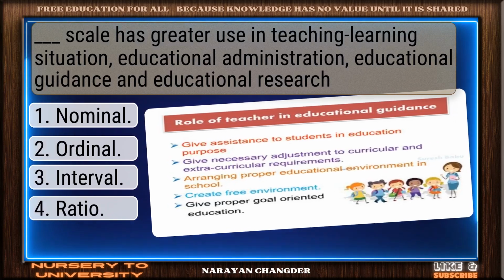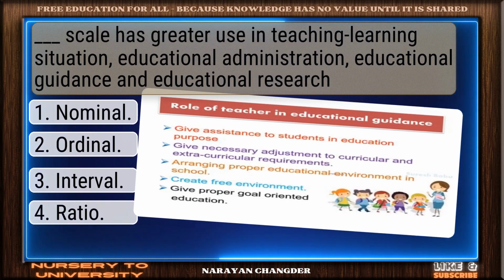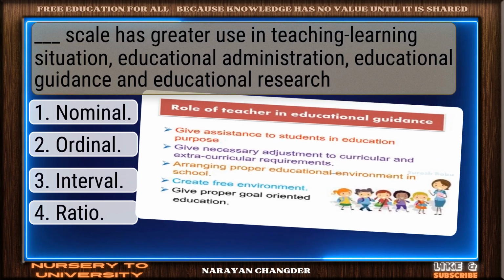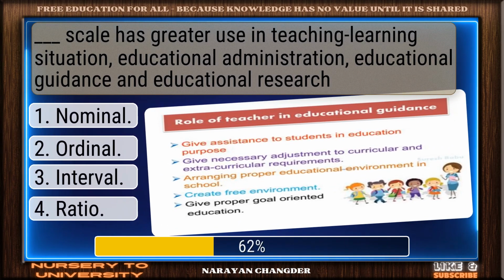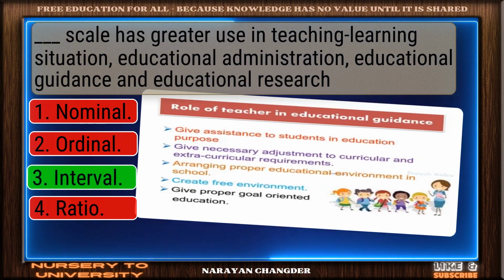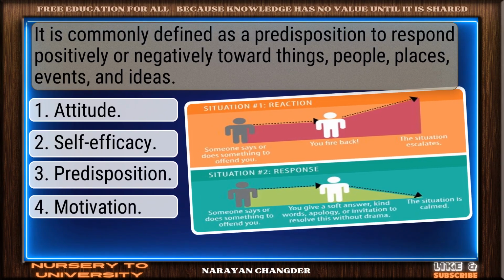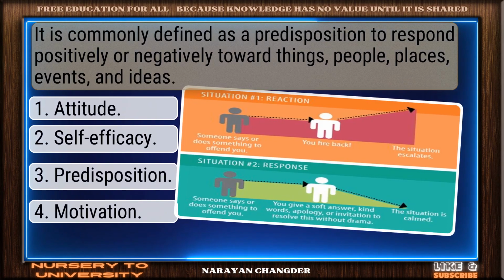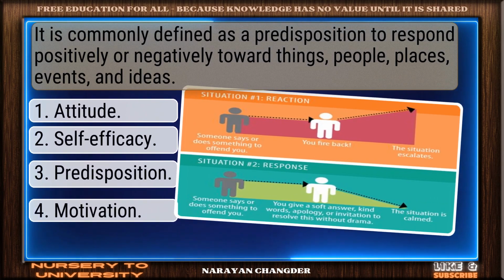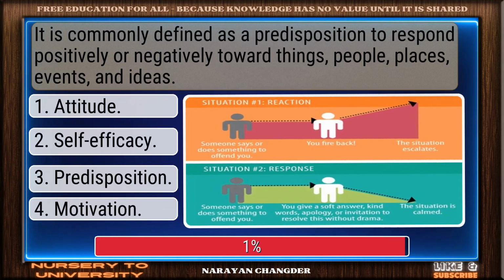Dash scale has greater use in teaching learning situation, educational administration, educational guidance, and educational research. Well picked. Interval is the correct answer. It is commonly defined as a predisposition to respond positively or negatively toward things, people, places, events, and ideas.